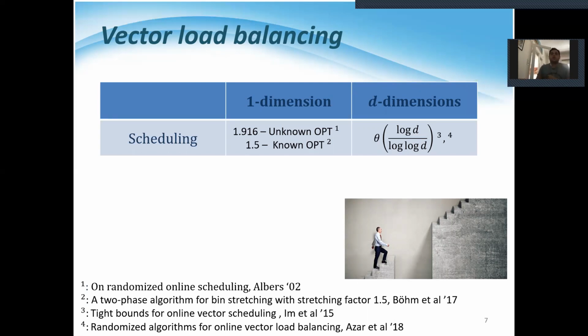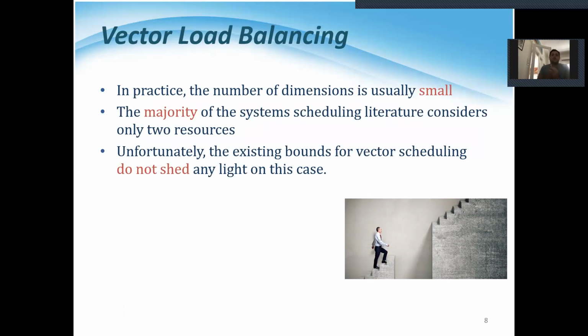But unfortunately, in practice, the number of dimensions is usually small. Of course, we can use the d-dimensional results, but because of the constant factor, it won't guarantee anything interesting about the problem.